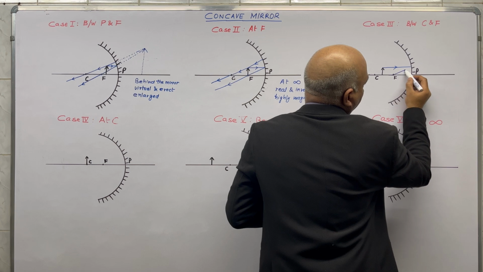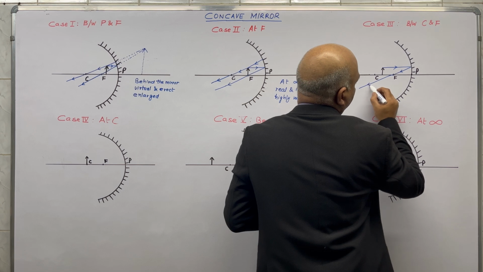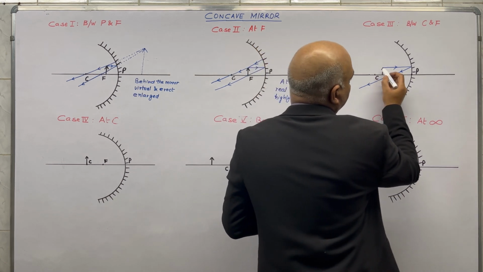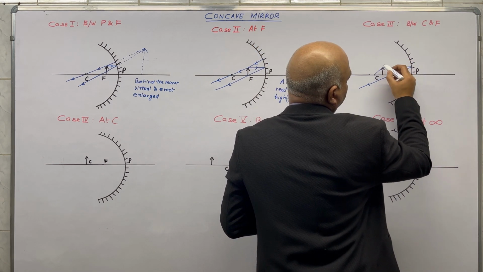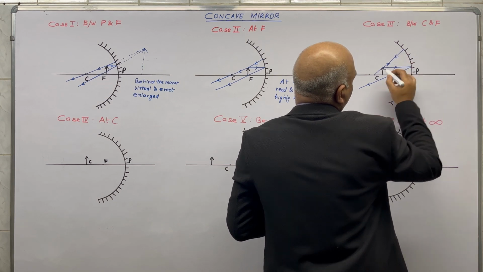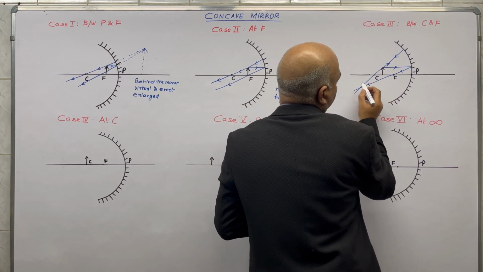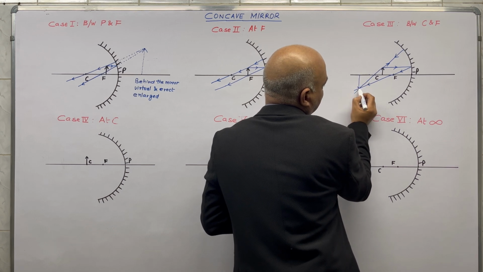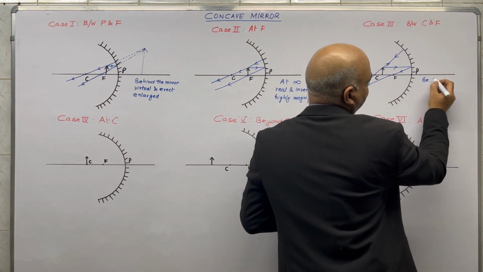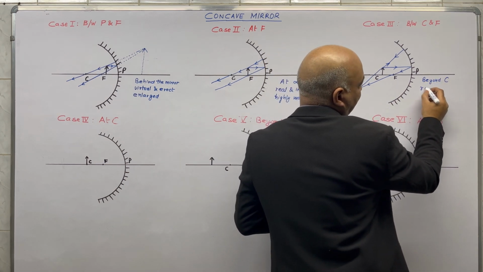After reflection it passes through F, and the second ray we are going to take passing through C. It is going to retrace its path, and if we see here, the image is getting formed beyond C. It is real and inverted again.